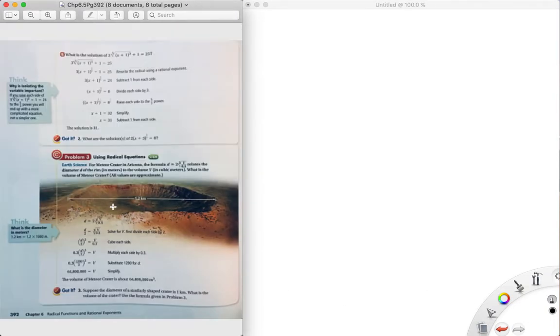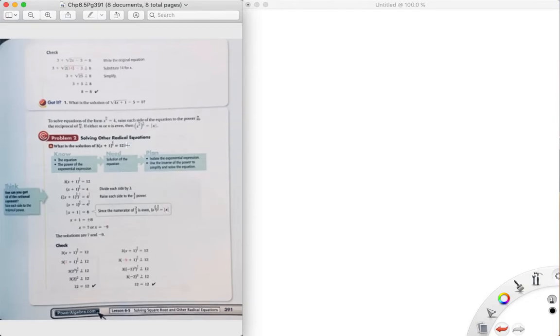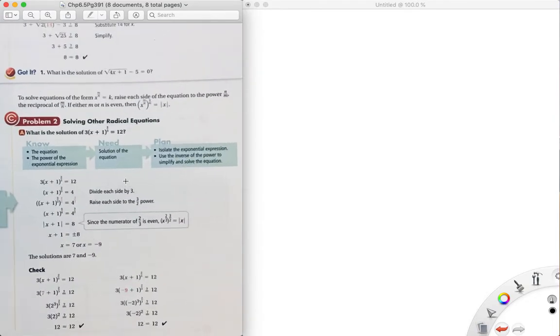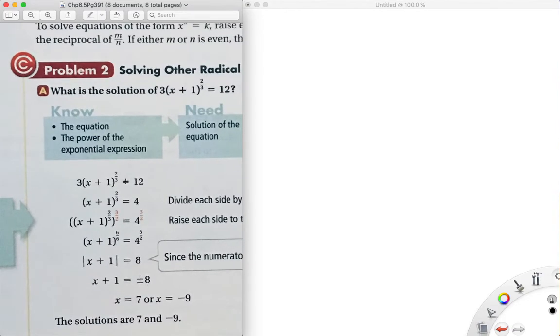Alright, so let's do one. Actually, let's look over here at the problem that they have. So here, they have 3 times the sum of 1 and x raised to the 2/3 power equals 12. They divided both sides by 3.